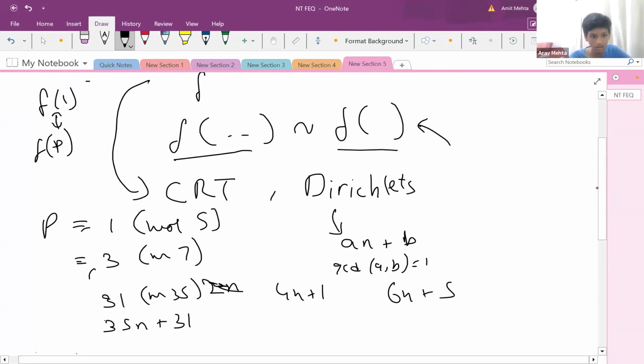So we use CRT to make that 31 mod 35, and then we used Dirichlet's theorem to say that there are infinitely many primes which are in the AP 35n plus 31. And all such primes will leave a remainder 31 when divided by 35. So they will leave a remainder 1 when divided by 5 and 3 when divided by 7.